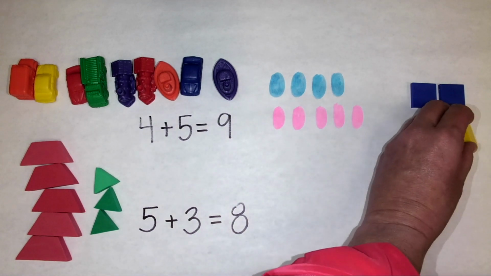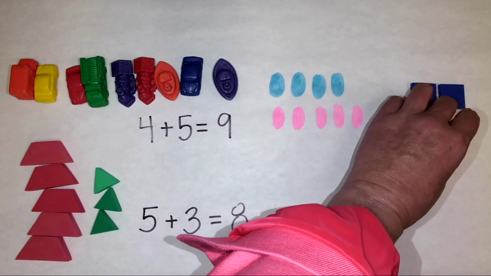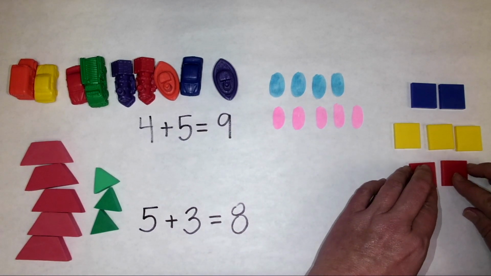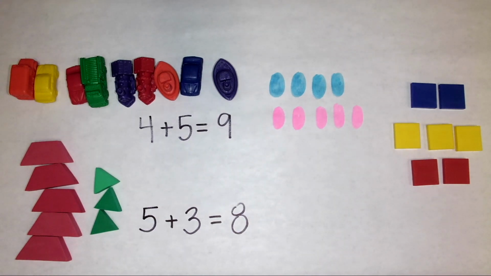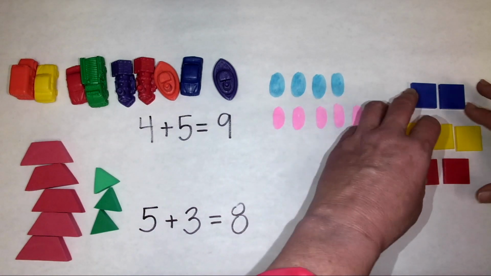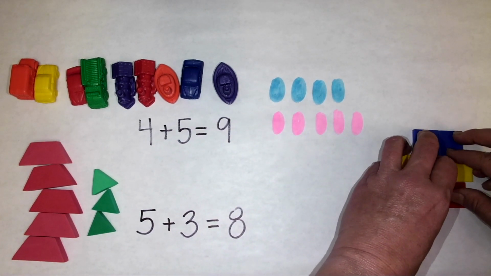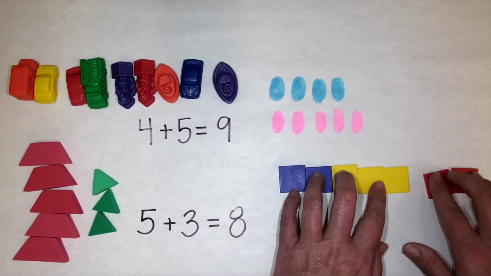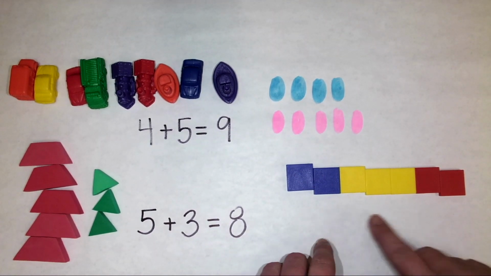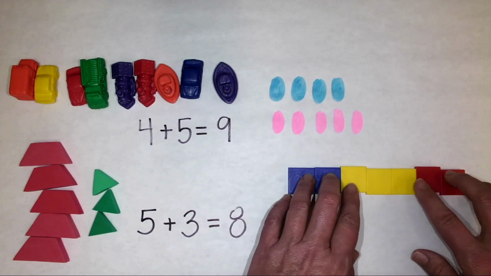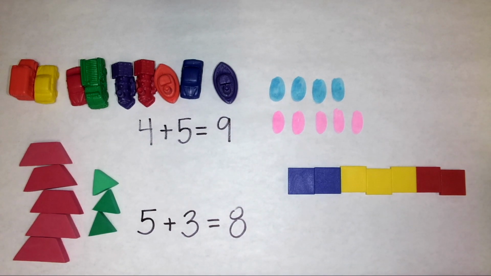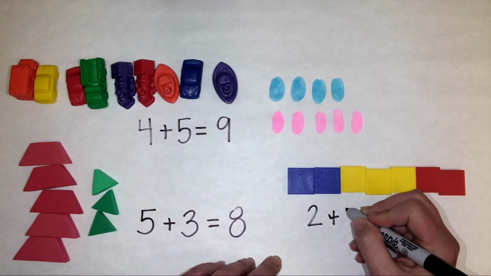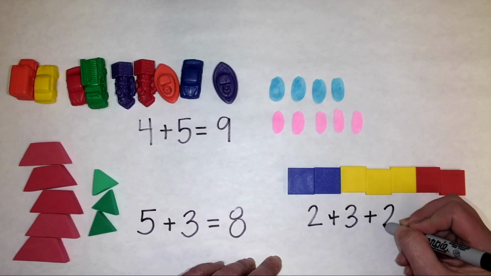And then earlier you probably remember that I had 3 yellow counters, so I'll go ahead and break those in here. But maybe now I also have a set of these 2 red counters. So I could compose these by putting them all together here. I could put them together in a shape like this, or if I wanted to, I could line them up like I did last time. I often like lining things up to see how many I have. But then here, if I think about what I have, well, I have a set of 2 plus a set of 3 plus another set of 2.